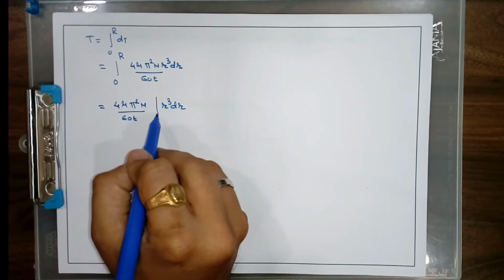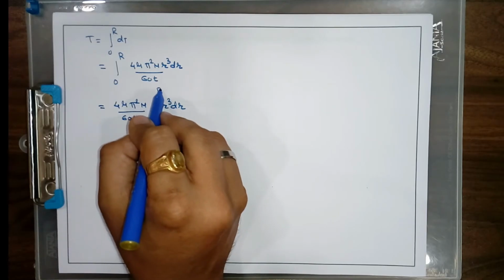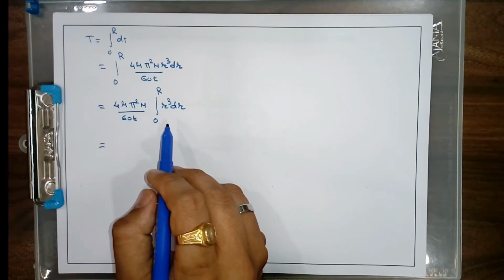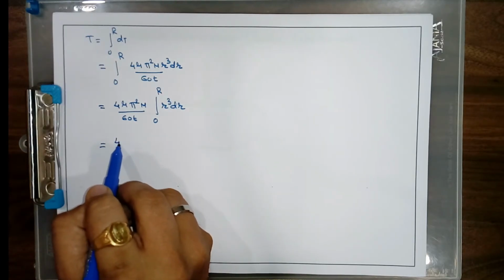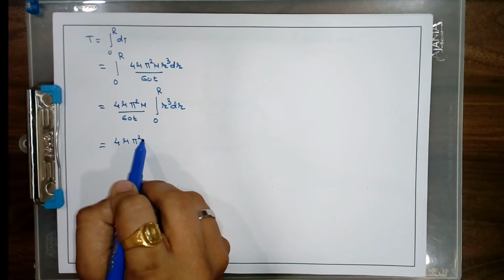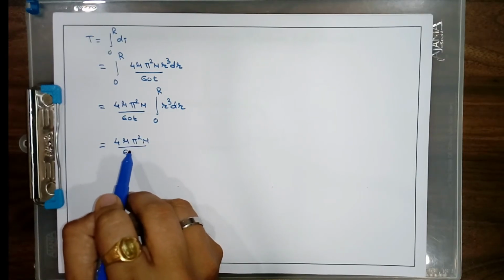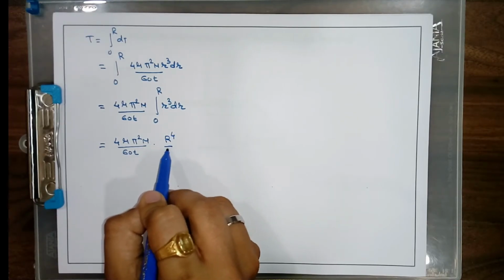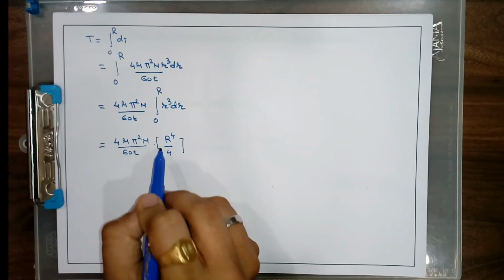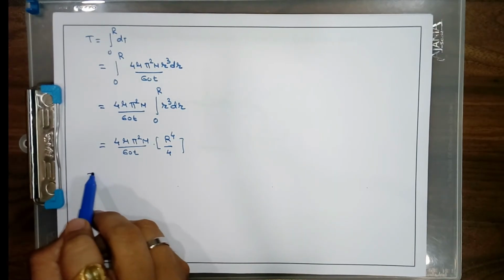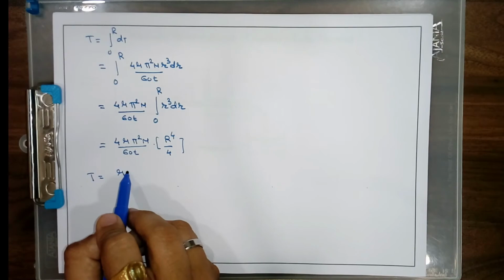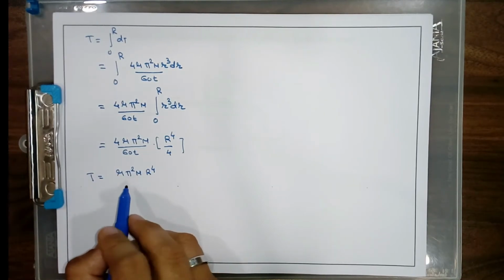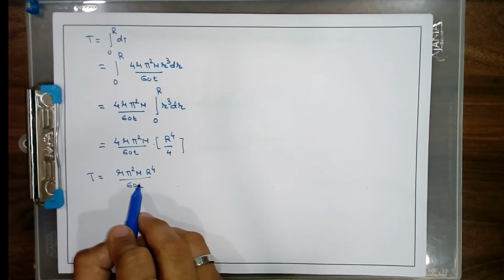So in the integration we get r cube into dr. We know the integration of r to the power 3 is r to the power 4 divided by 4. So we get 4 mu pi square N divided by 60t into R to the power 4 divided by 4. So finally the answer for T is mu pi square N R to the power 4 divided by 60t.